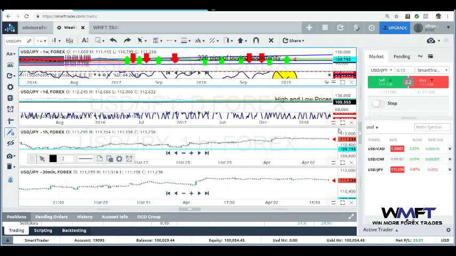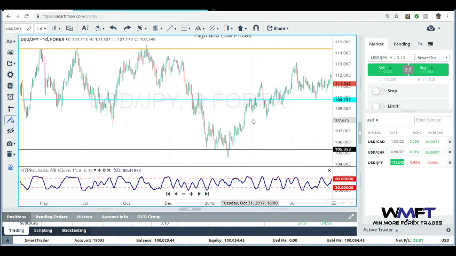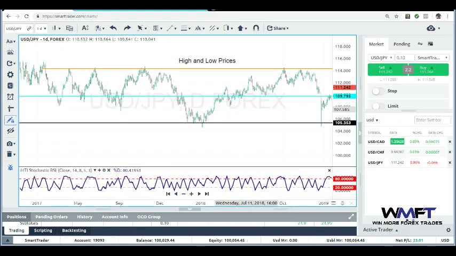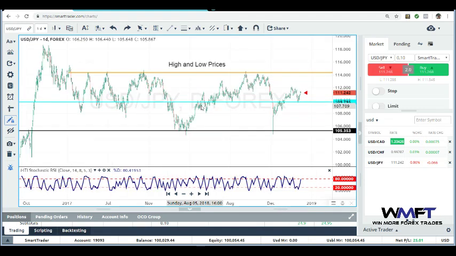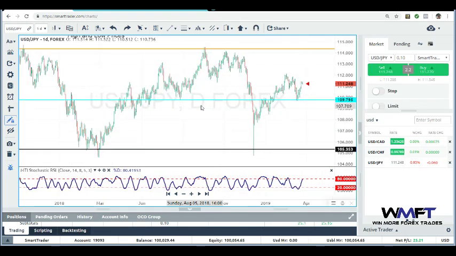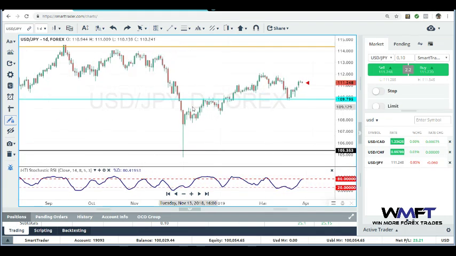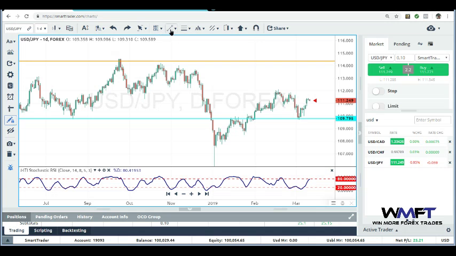So okay, all right, now we go to the daily time frame, and there's those resistance and support levels there. All right, so we're going to focus on the latest downtrend, and let's see what the market has done.